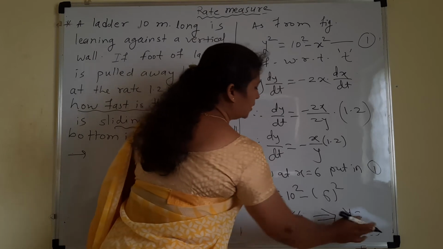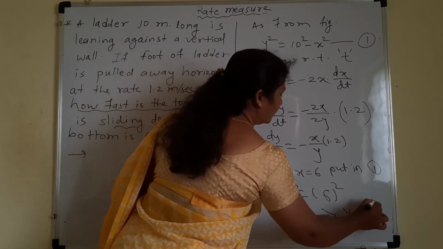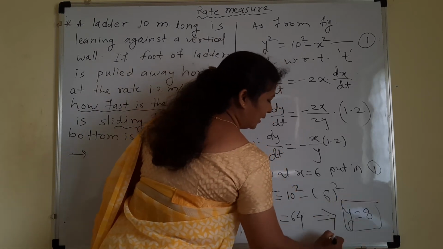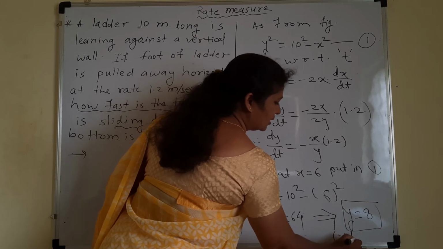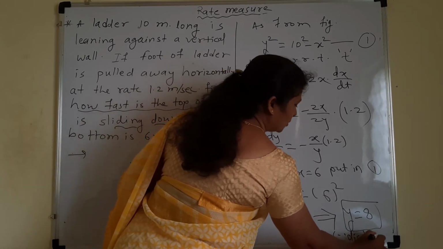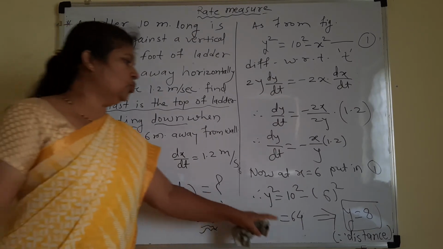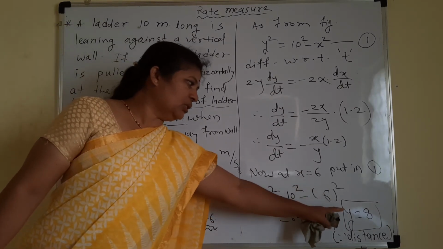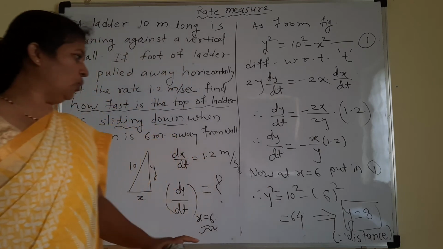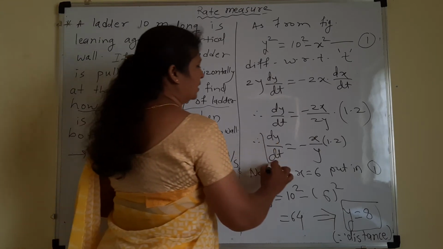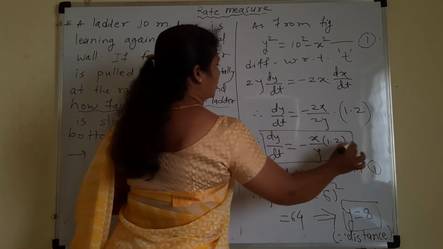This will imply y is equal to plus or minus 8, but we should consider only 8 since it is a distance, and distance is always positive. So when x is equal to 6, our value of y is equal to 8, and we will put this value in this equation.